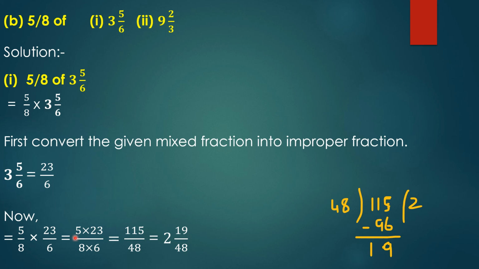Therefore, this will become 5 into 23 divided by 8 into 6, which is equal to 115 divided by 48. Now we have to convert this into a mixed fraction. Therefore, this is 2 19 by 48, because 48 into 2 is 96, 96 plus 19 is 115. So this is 115 by 48.